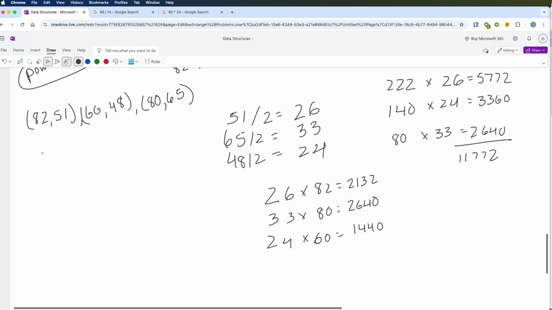What if we do, let's try some ratios. 82 divided by 51 equals 1.607. 60 divided by 48 equals 1.25.